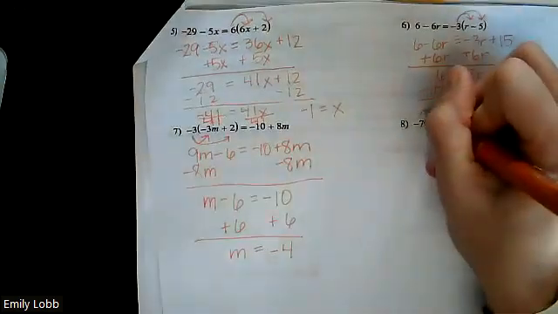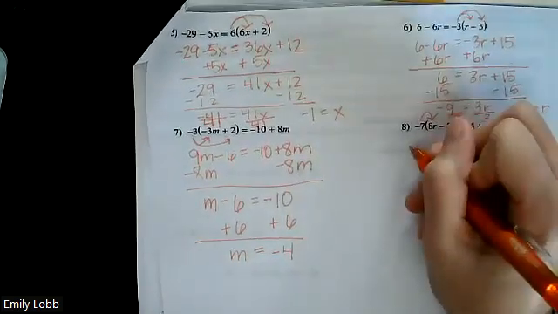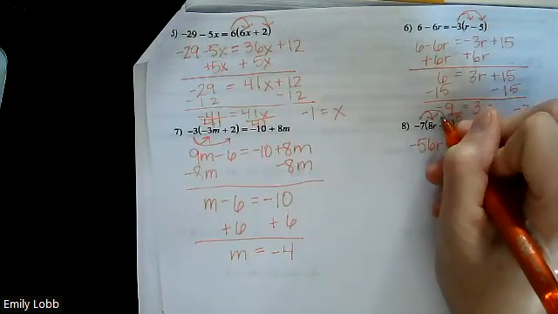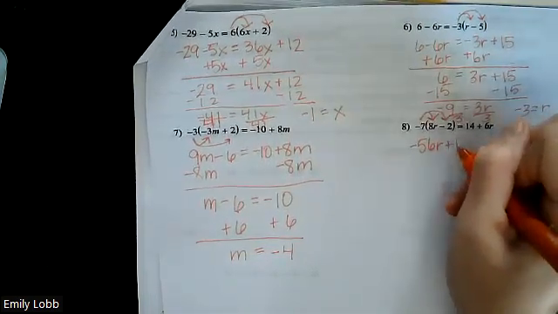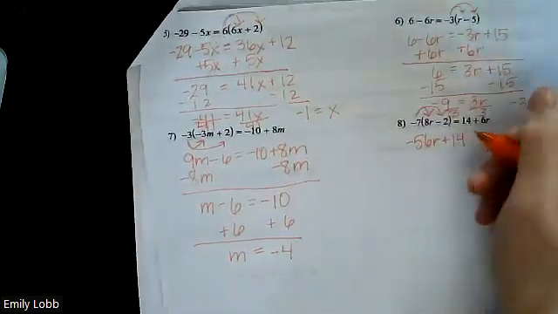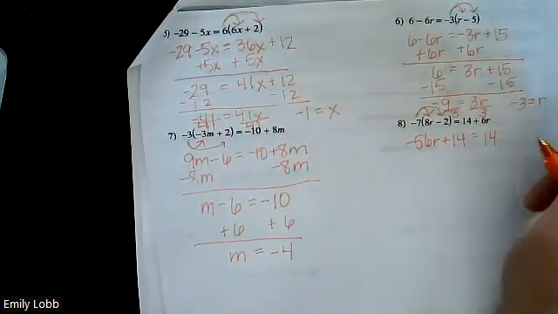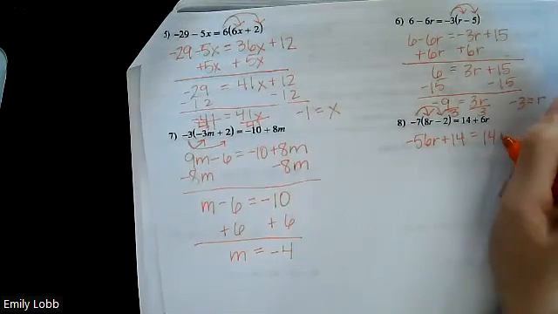All right, -7 times 8r is -56r. -7 times -2 is +14. Anytime we have the same number on both sides, they're pretty much going to cancel each other out, right?